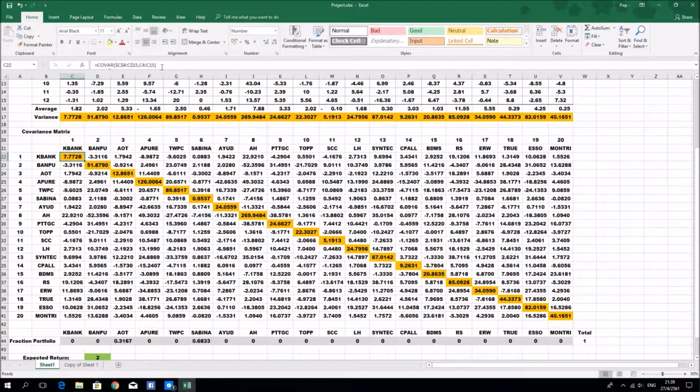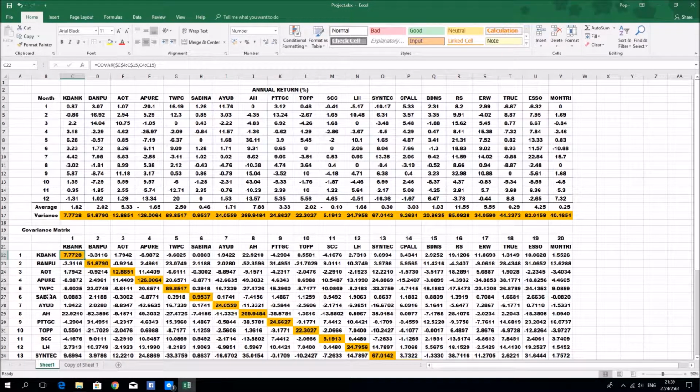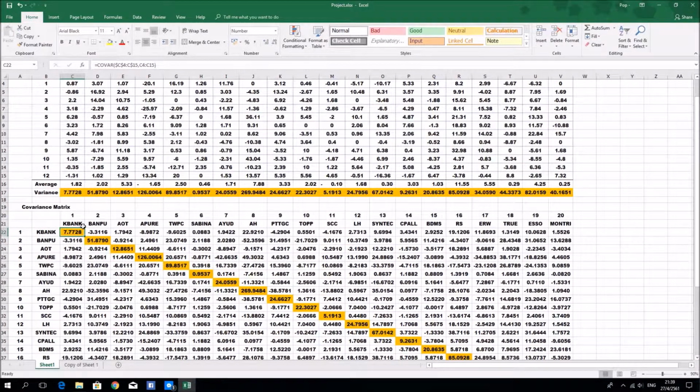here's the formula. The first array will be the data of the stock in the left column, which is KBank right here. And for the second array, we look at the top row of the table, which is the stocks here, and it's KBank.